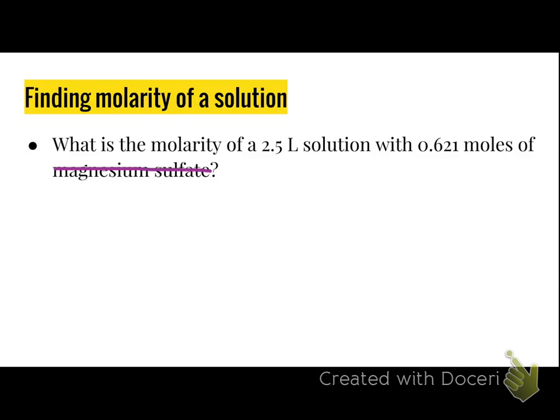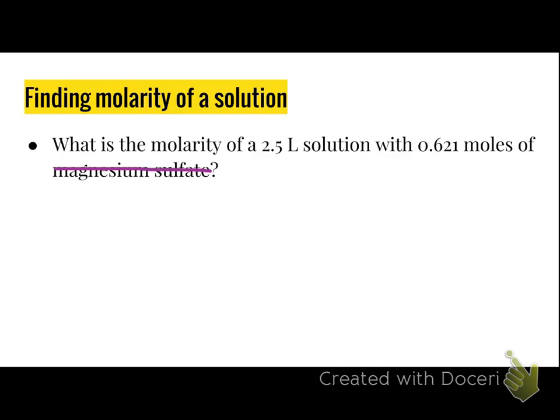So we could have this as magnesium sulfate, this could be potassium sulfate, it could be sodium sulfide. There's so many options, but your molarity is going to be the same because your moles and liters are the same. Now, if this were grams and we needed to use the molar mass, then your compound does matter, okay?